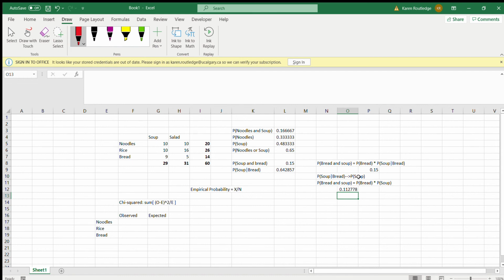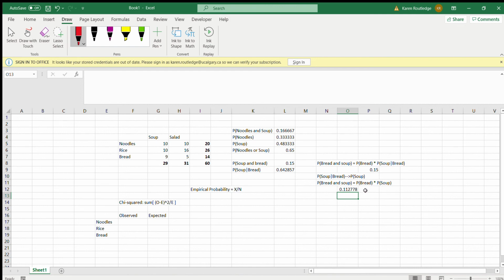Well, that 11% is not the same thing as the 15% that we got when we specifically accounted for an interaction. If there was no interaction, so if this was a safe assumption to make, and remember this assumption is that the variables behave independently, there's no interaction between the two, then these two values should be the same.